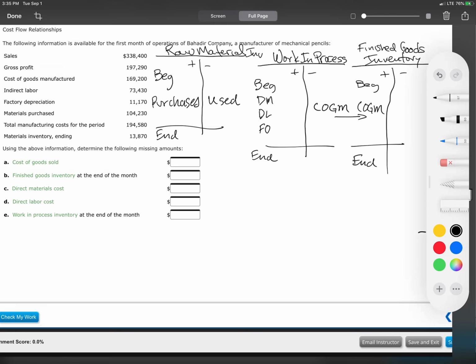Now, when would we credit this account? Well, whenever we sell, and that would be cost of goods sold. So cost of goods manufactured is the name of a number of the cost of what we have produced. And when we sell it, we subtract it, and that's called cost of goods sold.